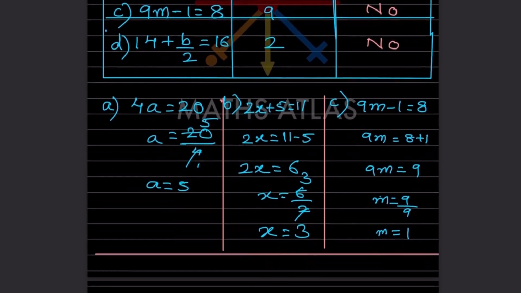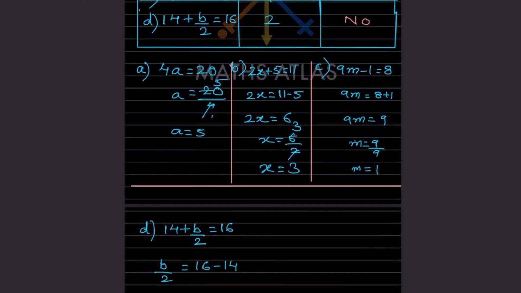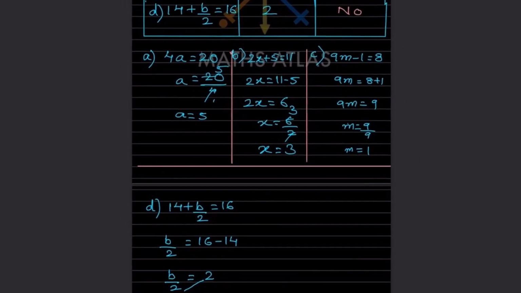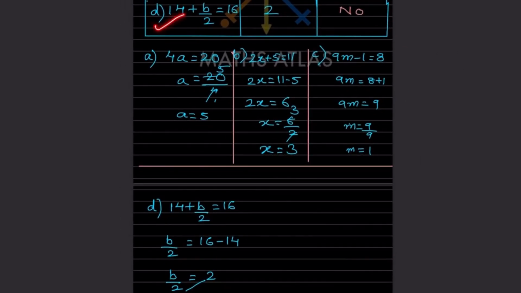Okay, so we have to write here N. Now let us go for the next equation. So the next equation, I'll just minimize it. Now look at here. This is the next equation. So 14 plus b by 2 is 16. So now what am I going to do? First thing, this is my left hand side, and this is the right hand side. Okay. Now b by 2 I'll keep first as it is.